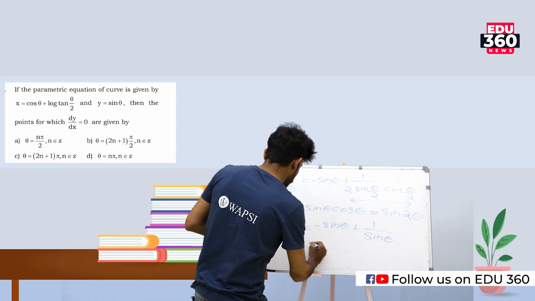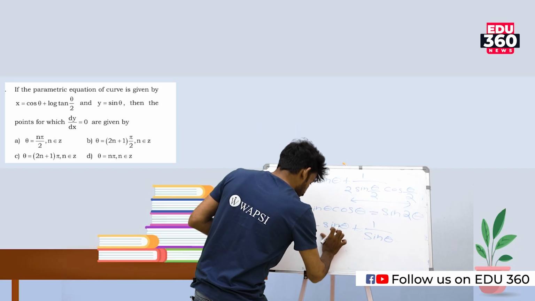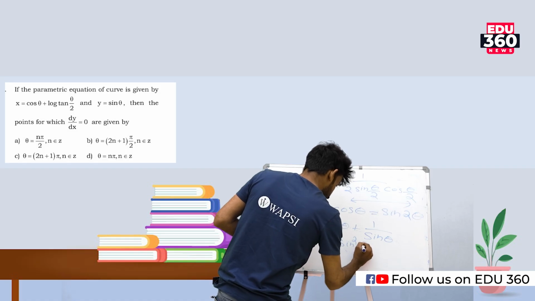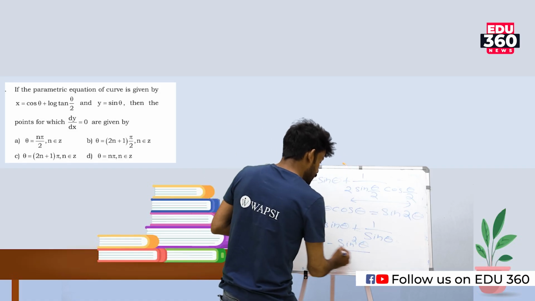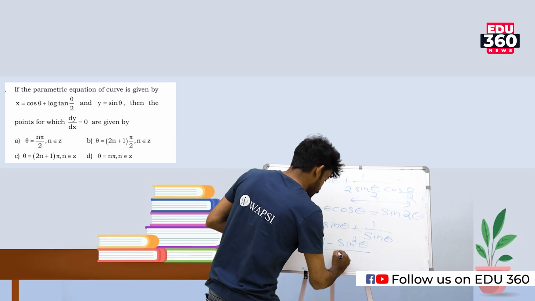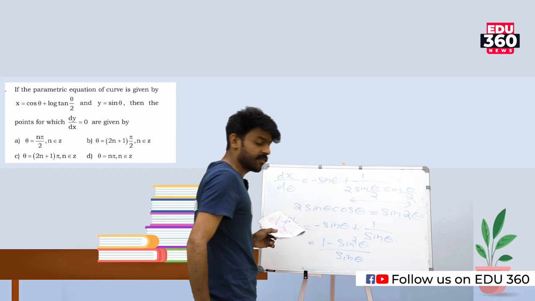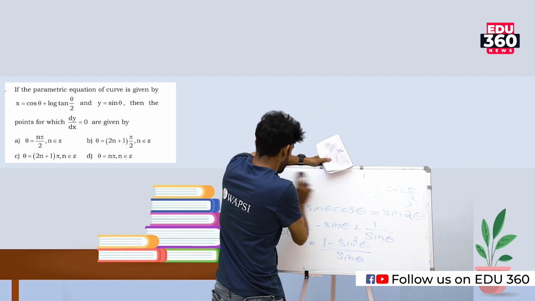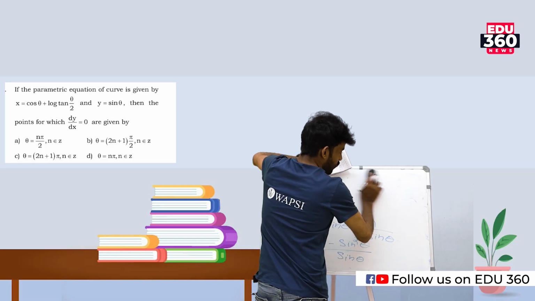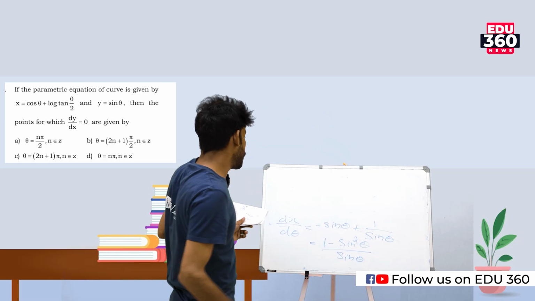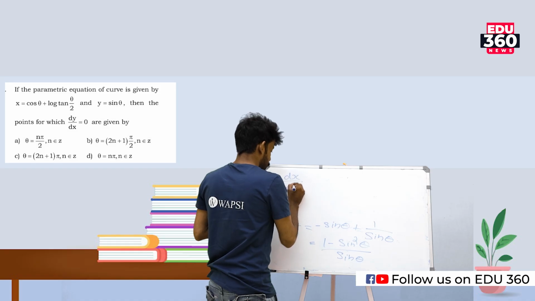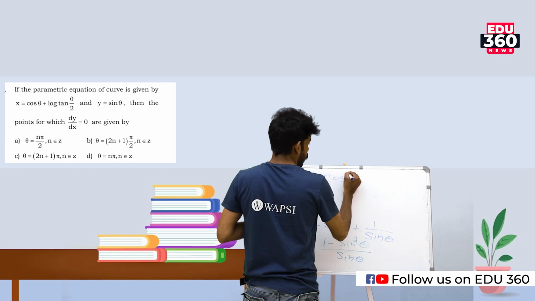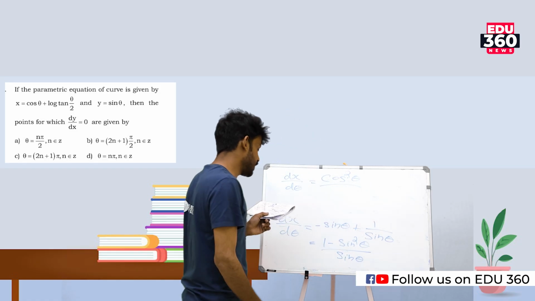So hereafter on cross multiplying, we will get 1 minus sin square theta divided by sin theta. So what is 1 minus sin square theta? Simply we can represent this as cos square theta. So dx by d theta is equal to cos square theta divided by sin theta.